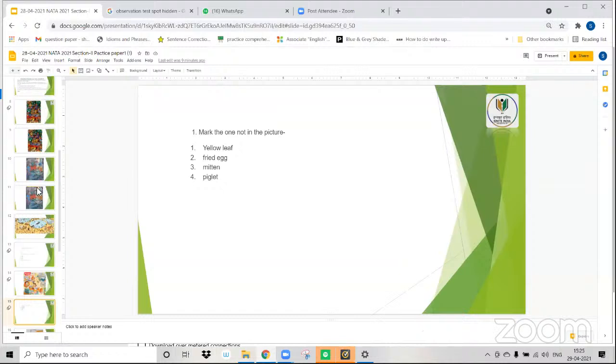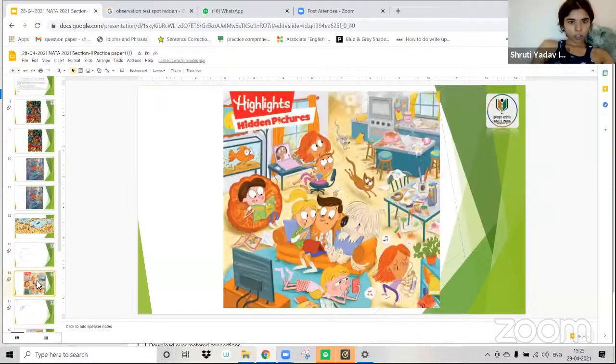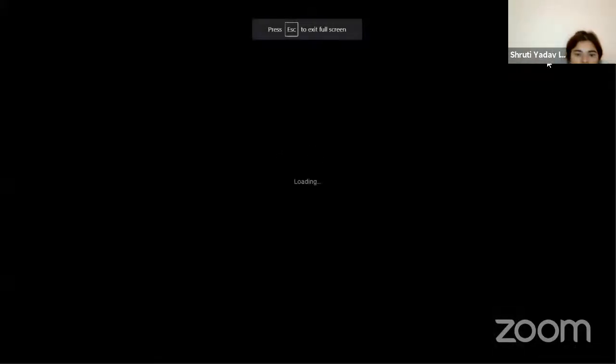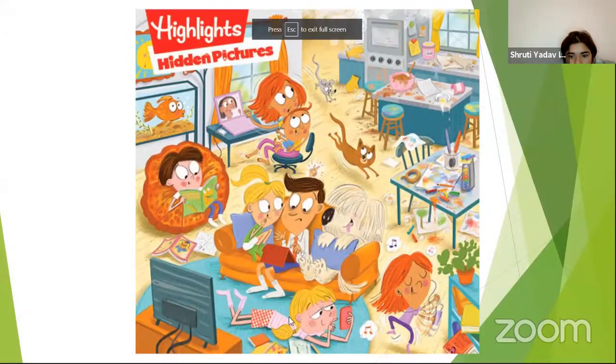Okay, let's go back to the picture. Here it is, right? So the leaf we were talking about. Then we talked about the pizza slice, needle, mitten. There are yellow mittens. Then there is a green mitten over here, if you notice this shape. So that will also be considered a mitten.